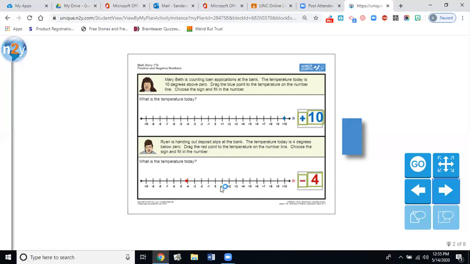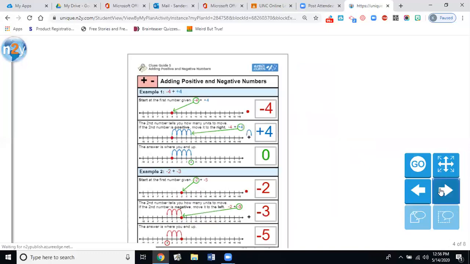So we'd start at the 0 and move 1, 2, 3, 4. 4 degrees. You would put your point right here at -4 and fill in the negative number 4 because it's 4 degrees below 0. Okay, Mary Beth is counting loan applications at the bank. Well, actually, it gave us the same exact one.